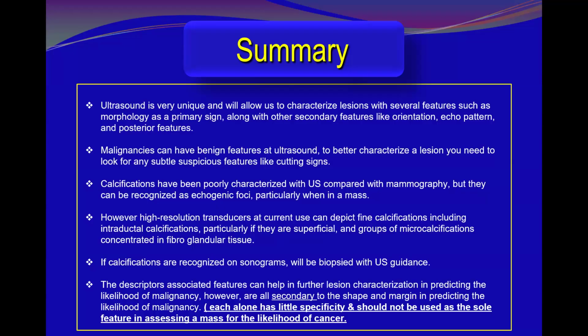The descriptors, associated features, can help in further characterization for prediction of likelihood of malignancy. However, all are secondary to shape and margin in predicting malignancy. Each alone has little specificity and should not be used as a sole feature in assessing a mass for the likelihood of cancer.